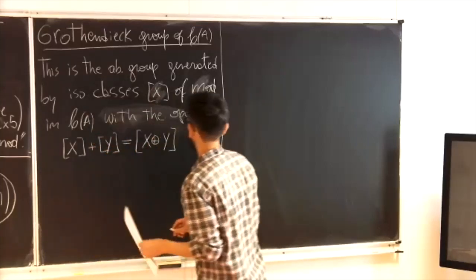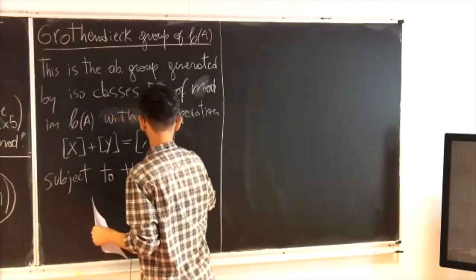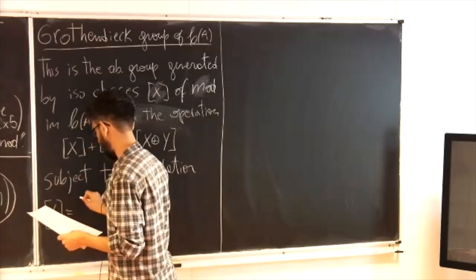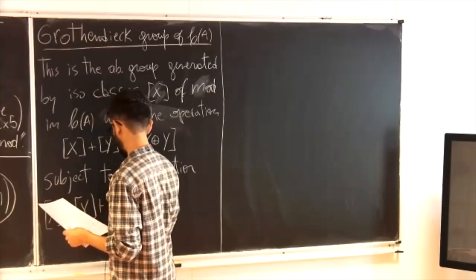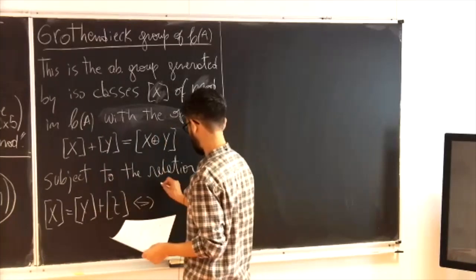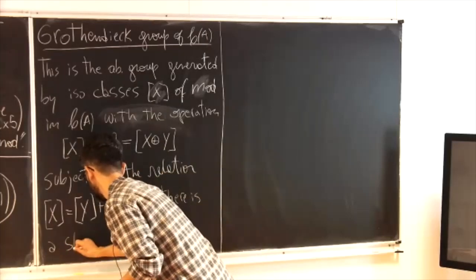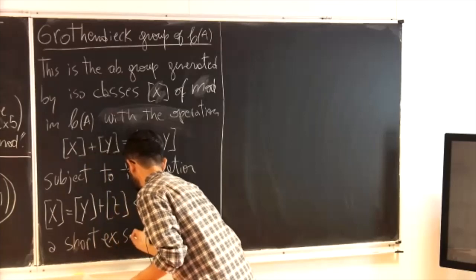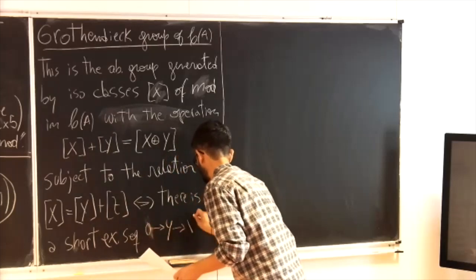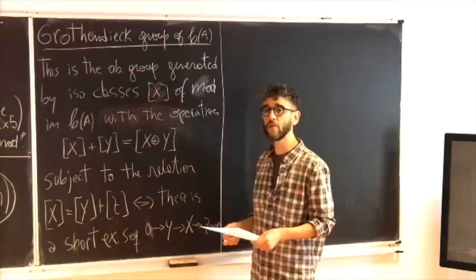And we impose a relation: we will say that the class of x is equal to the class of y plus the class of zeta if and only if there exists a short exact sequence, or in other words, if x is an extension of y and zeta.